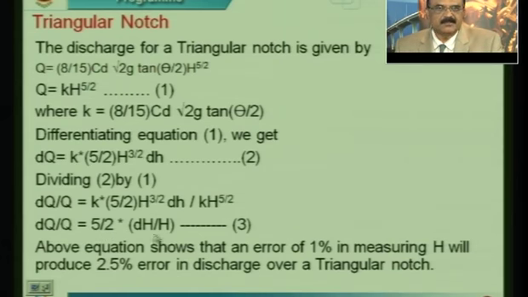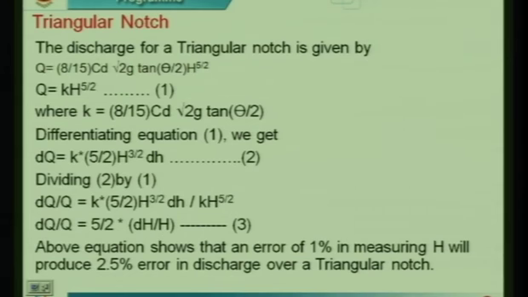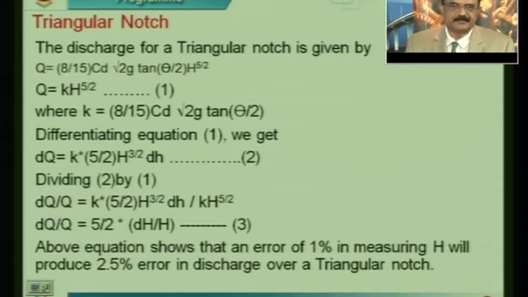Now what it says is, suppose I make 1% error in measuring the head over a V notch, the error incurred in the discharge is 5 divided by 2, that is 2.5. In case of a triangular notch, if I make 1% error in measuring the head, then the error in the discharge will be 2.5%.